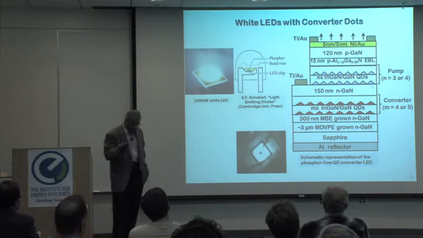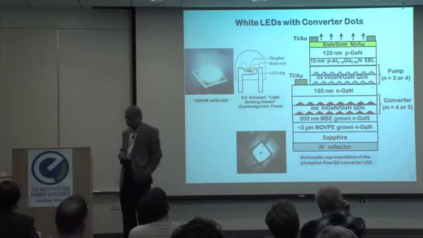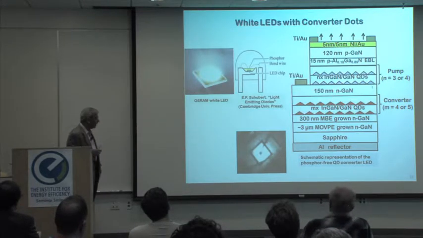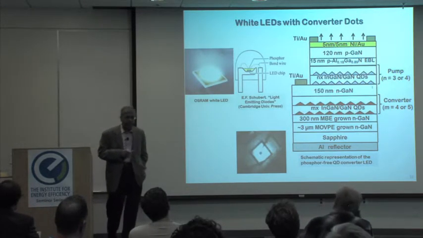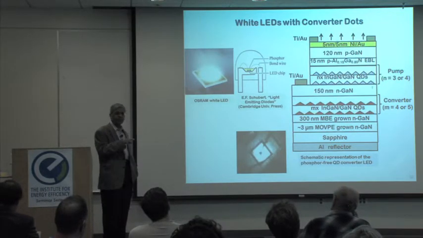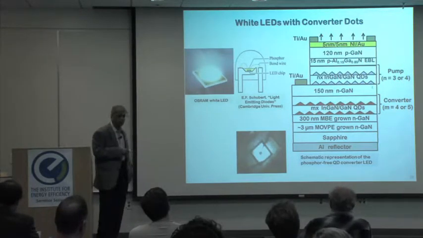Now, as you know, and here I'm preaching to the choir, obviously, current white light sources are made with blue LEDs exciting red or yellow phosphors. Now, in these phosphor converted LEDs, you have all kinds of losses. You have conversion losses due to Stokes shift.